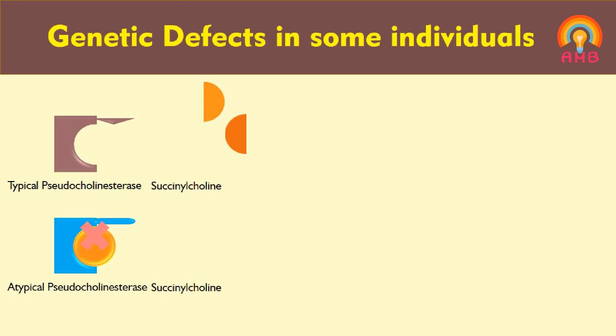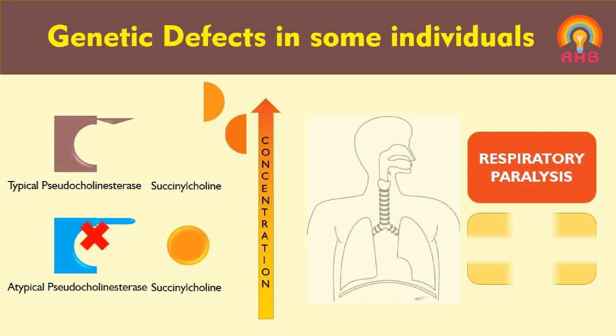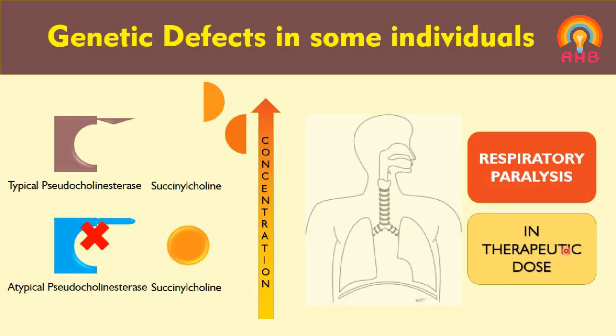And if succinylcholine is given to such a person having atypical pseudocholinesterase enzyme, it leads to accumulation of the drug, or increase of concentration of the drug in the body of that person, and in such an individual prolonged respiratory paralysis can be produced even with a therapeutic dose of the drug.